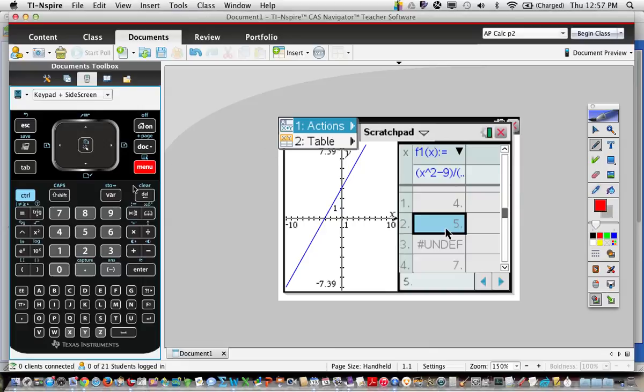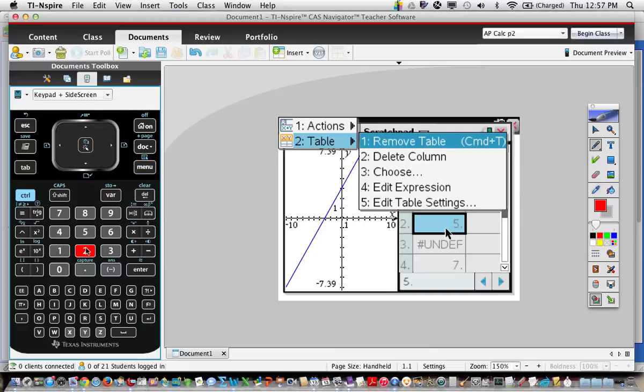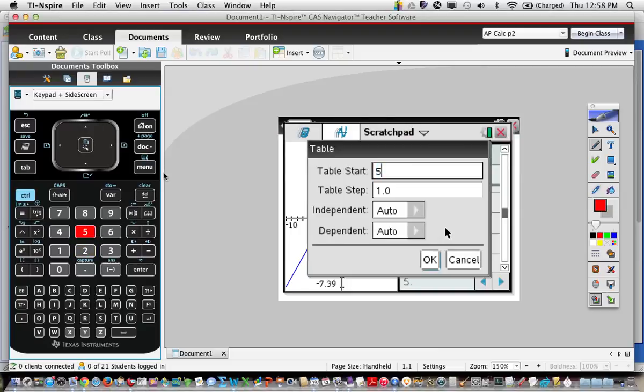All right, so now I'm going to go to number 2, table, and then go to number 5, which is edit table settings. So everybody needs to be able to go in here and change these settings. So we want to start our table not at 5, but we want to start it at 3, because this problem is as x approaches 3. So we want to start our table at 3.